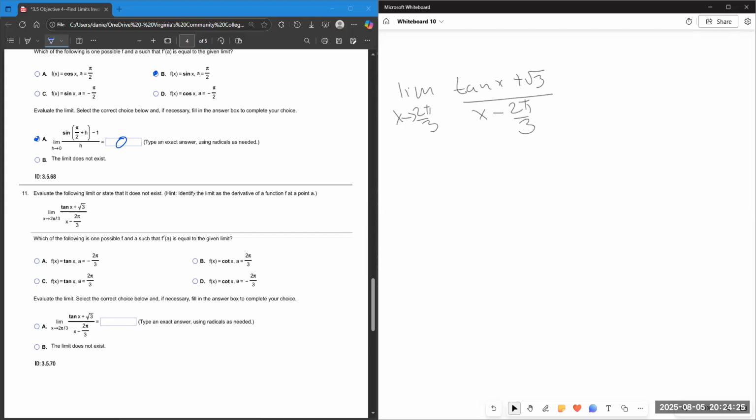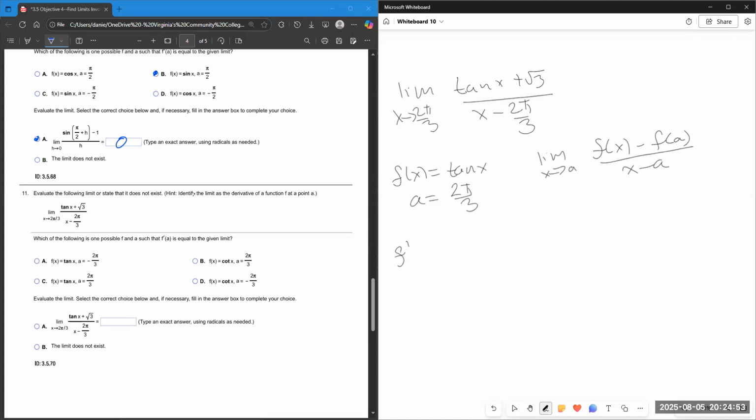Again, this is much easier to do as a derivative with your f of x being equal to tan x and your a being equal to 2 pi over 3. And this is in the form of the limit as x goes to a of f of x minus f of a over x minus a.